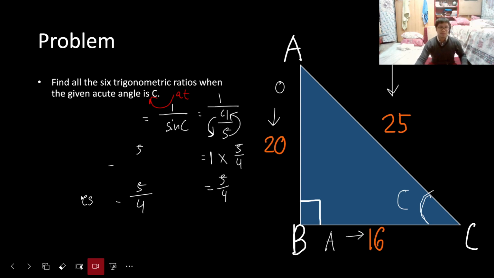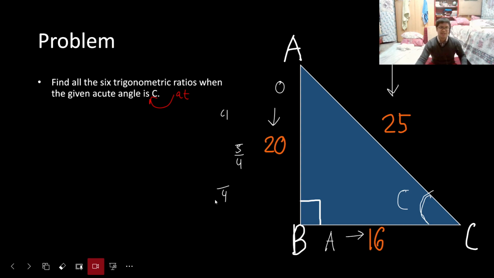Now, 2 more. What's left is secant and cotangent. Secant of C is equal to, what's the equivalent ratio of the secant function?